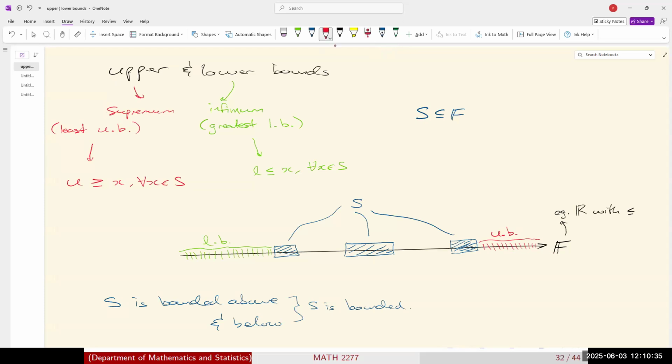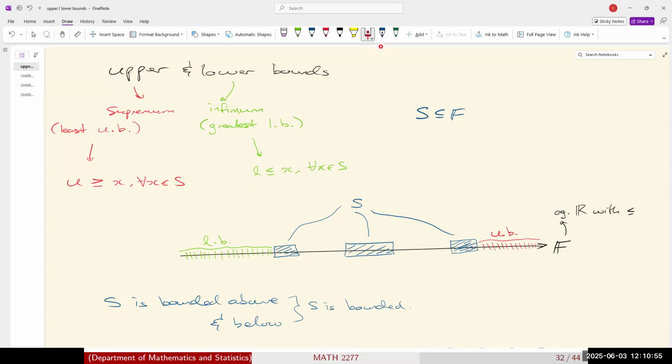Okay, so the way that you should picture this is that you have some set S. So this is your set. It is bounded above, so it has upper bounds. And now you're going to shrink these upper bounds. What is the tightest upper bound you could find so that it's right up against the set?